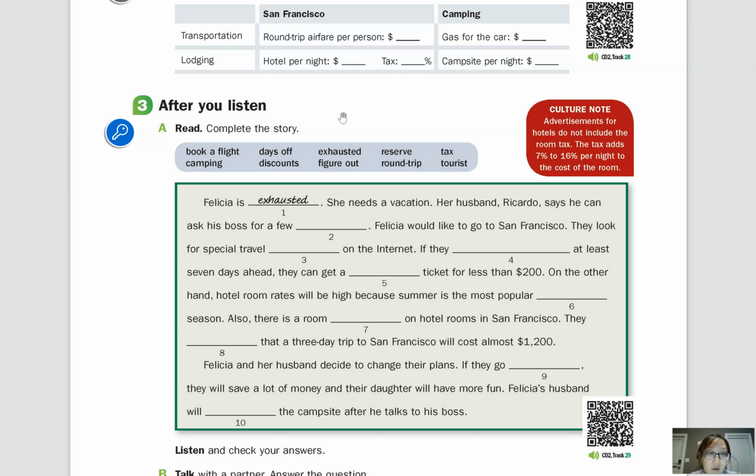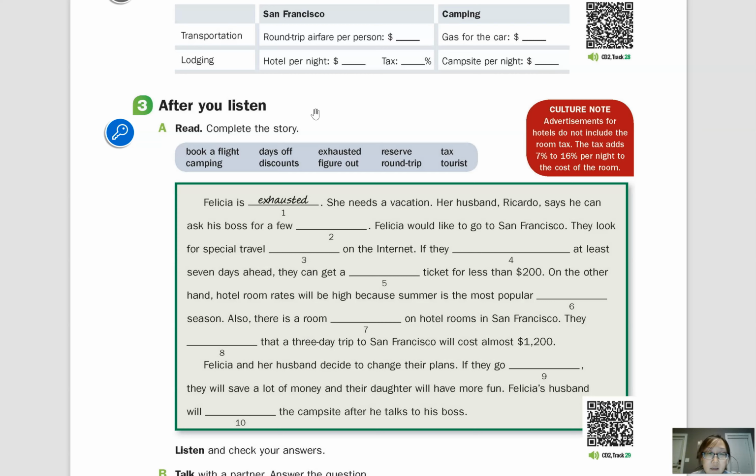We use it so often that you don't have to include from work because it's so common. So you can just say, hey, what time do you get off? Let's go watch a movie. So your friend might answer, I get off at 5. Okay, so get off is a very common phrase that we use for when we finish work.